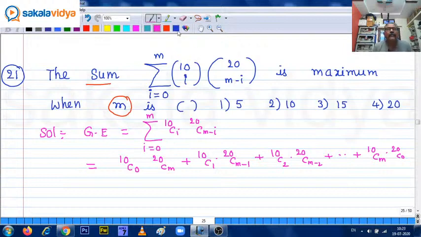With the help of Vandermonde's identity, what shall we do? Add 10 plus 20 and m. So this can be written as a single term, 30Cm.